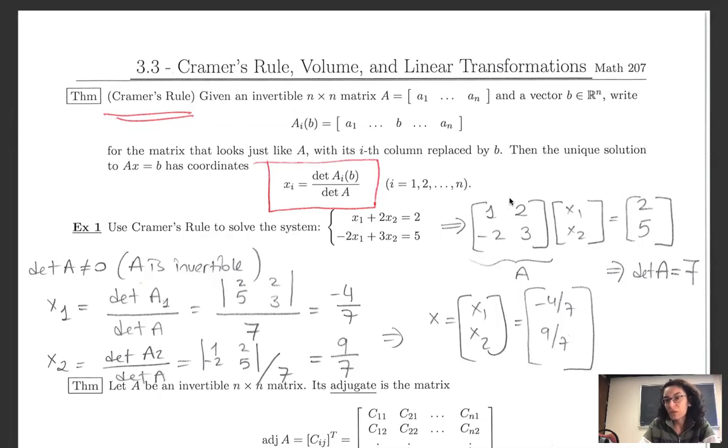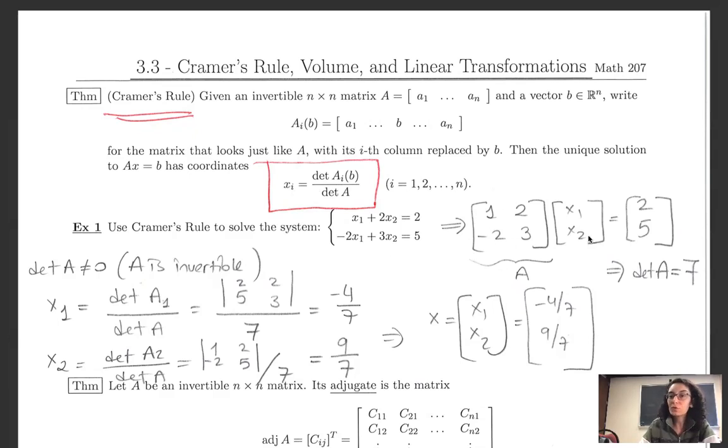It will be 2, 5, and you will keep the second column. This will be the new matrix, this AiB, or in this case, since you are finding x1, this will be A1B, okay? And you will find the determinant of this new matrix, and the first unknown, for example, x1 will be determinant of this new matrix over determinant of A, which is your already coefficient matrix.